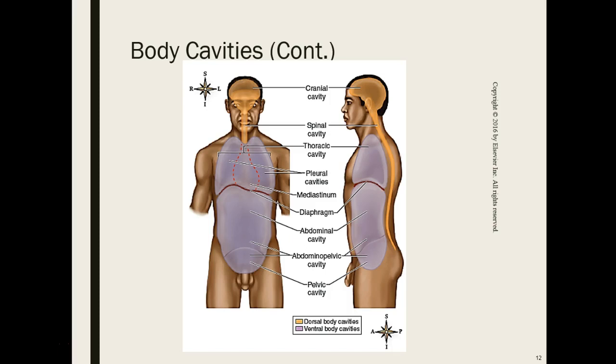So within the thoracic cavity, we have the mediastinum and then the pleural cavities. So the mediastinum is going to be this red line here. It houses the heart. Okay? Pleural cavities sit on either side. Bear with me while I draw this P here. And those are going to contain the lungs.